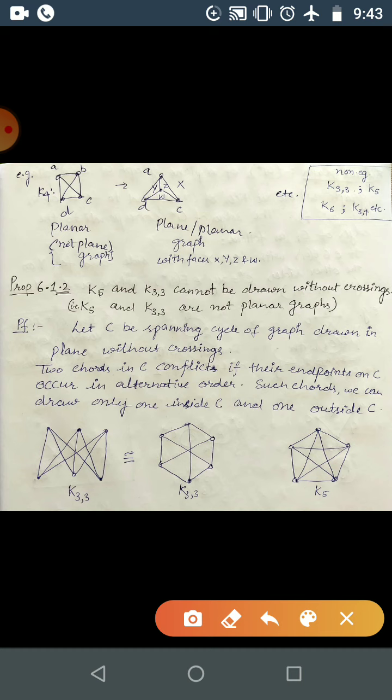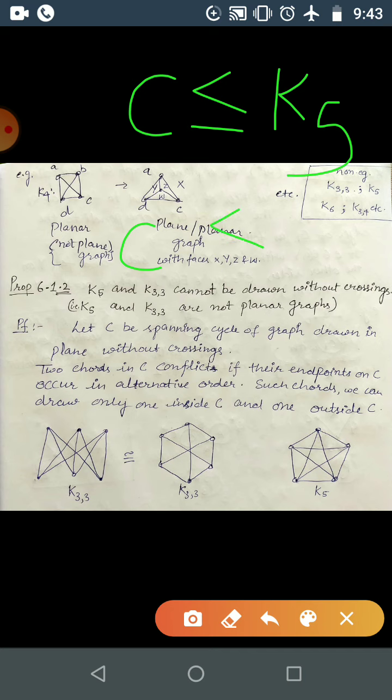In K5 every vertex has degree 4, and in K33 every vertex has degree 3, correct. So whenever every vertex has degree greater than or equal to 2, we can say that a cycle is a part of that graph. A cycle will be a subgraph of that. So here also a cycle will be a subgraph of K5 and a cycle will be a subgraph of K33.